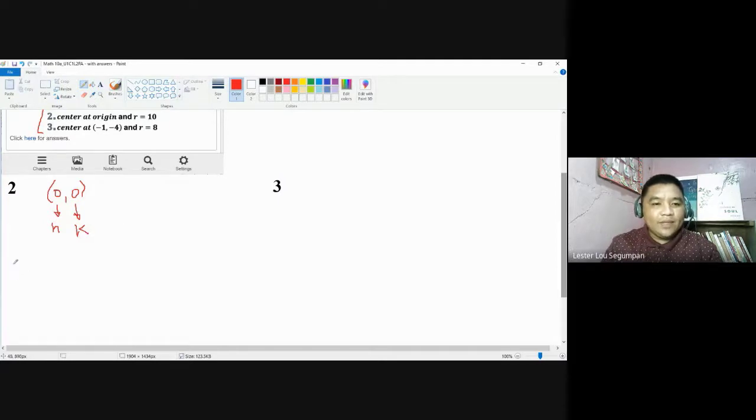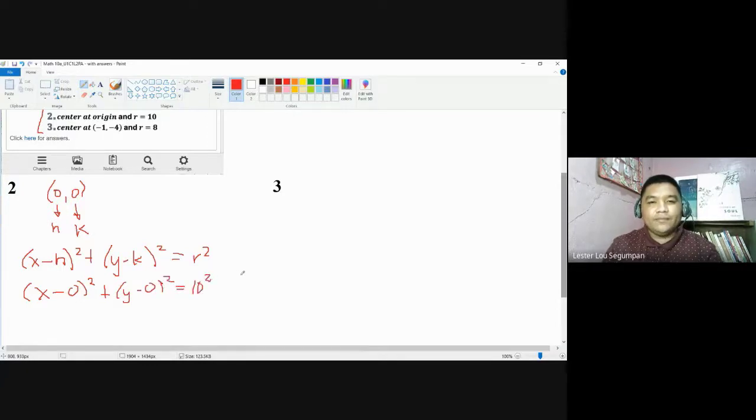Let's use them in our standard form: (x minus h) squared plus (y minus k) squared equals r squared, with no substitution yet for r. Then let's continue with the substitution: (x minus 0) squared plus (y minus 0) squared must be equal to 10 squared.